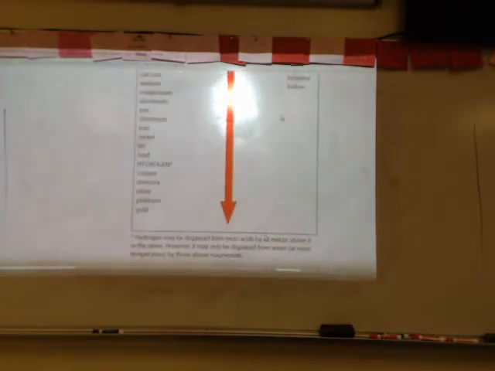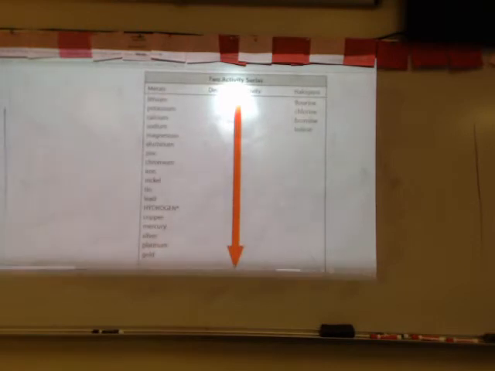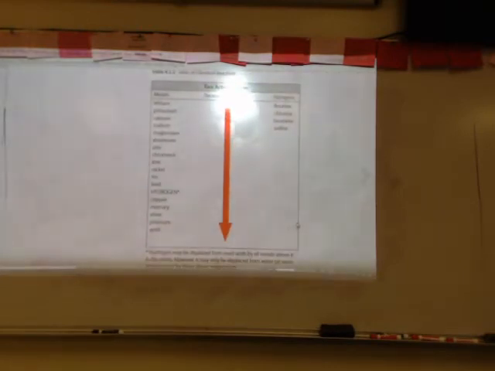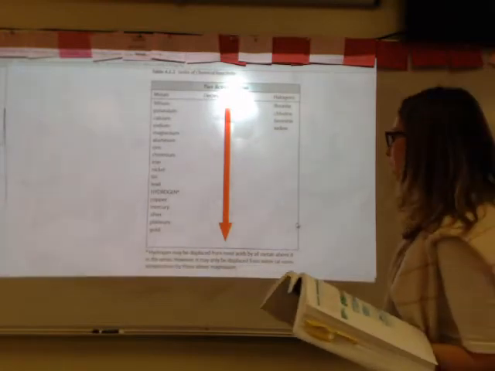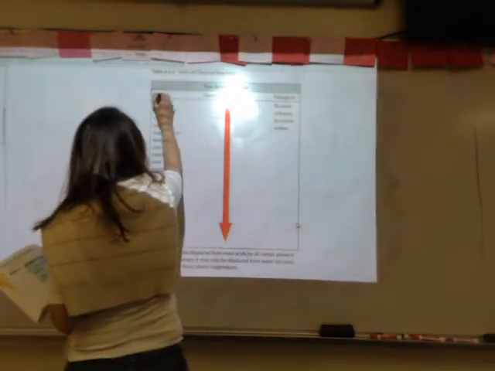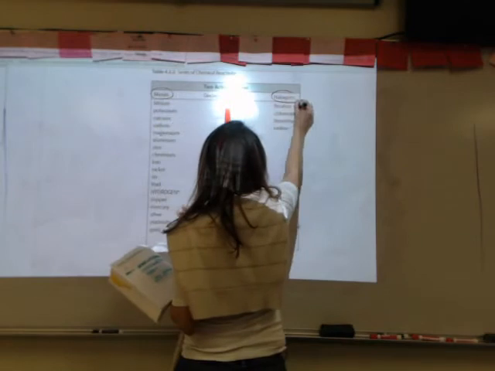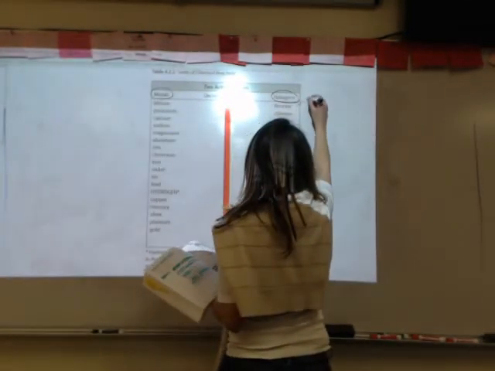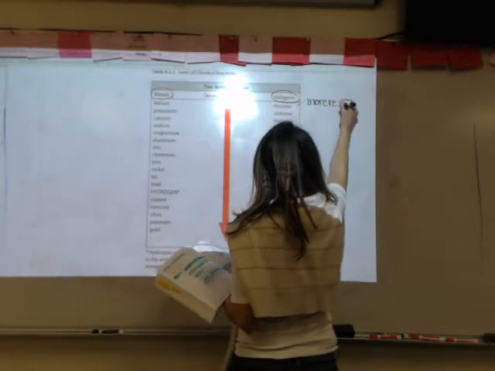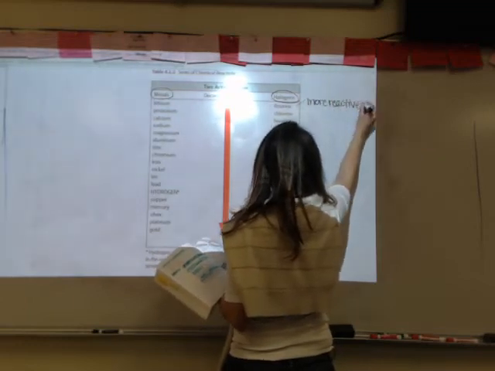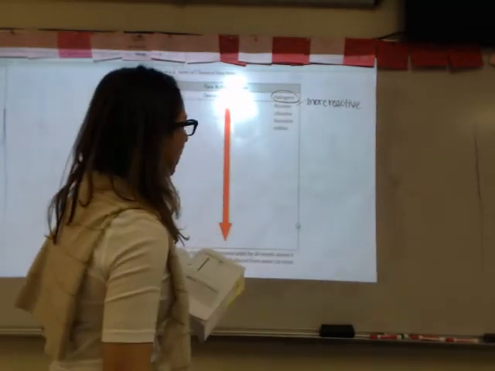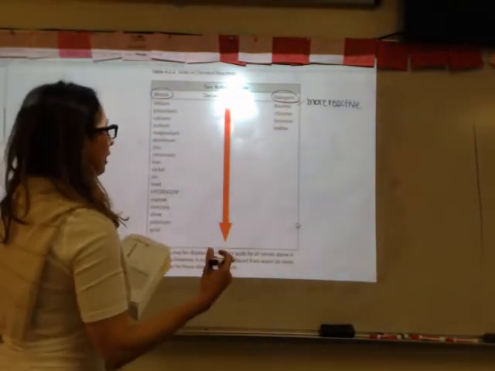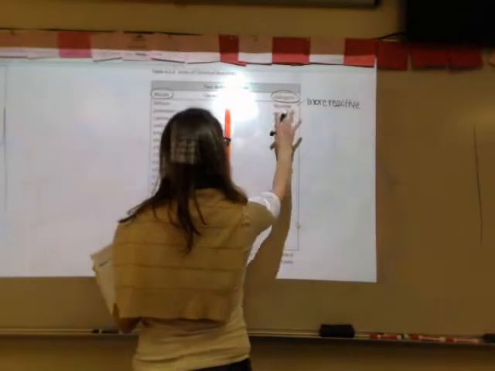So if you look here at this table, you'll notice that the metals are on the left, the halogens are on the right, and the more reactive ones are at the top. So fluorine is more reactive than chlorine. Chlorine is more reactive than bromine. Bromine is more reactive than iodine. So when it's a non-metal replacement, you look here.